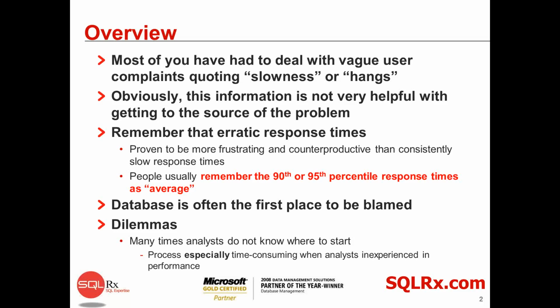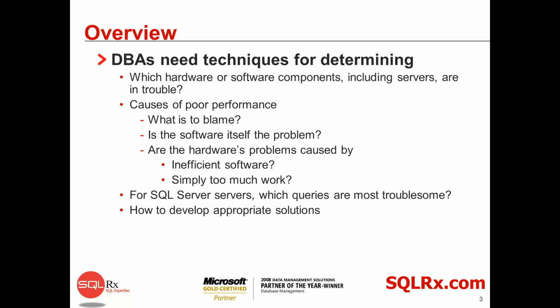So DBAs need techniques for determining which components, servers, hardware, or software is causing the problem. What are the reasons for the poor performance? What's to blame? Is it an application that's not doing something right? Is it a disk that's not doing something right? Or could it be software that's misbehaving?